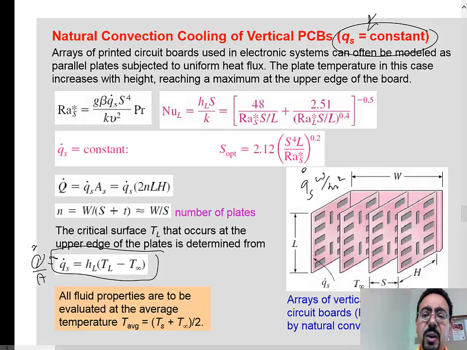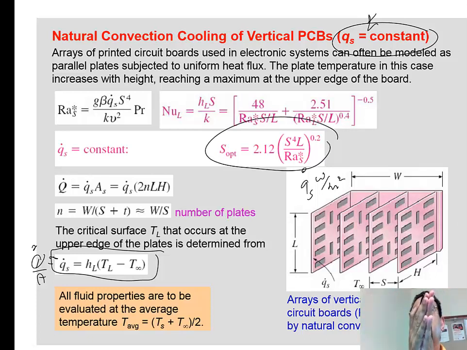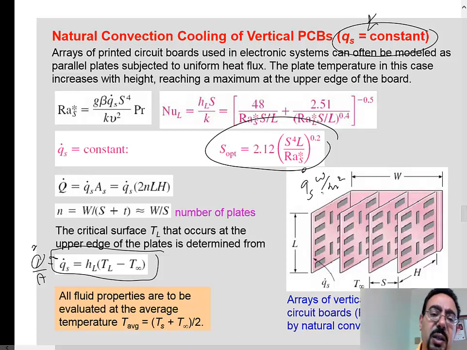So again, in this scenario, S optimum, to cool them, because again, if we squeeze them, you will basically annoy the convection. You will not be able to actually move. So S optimum is basically 2.12 S to power 4 really star S. So that really star S is this guy.